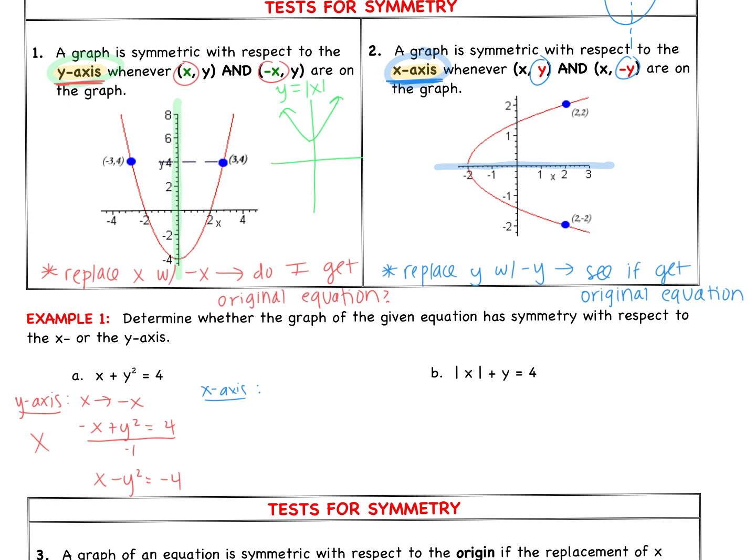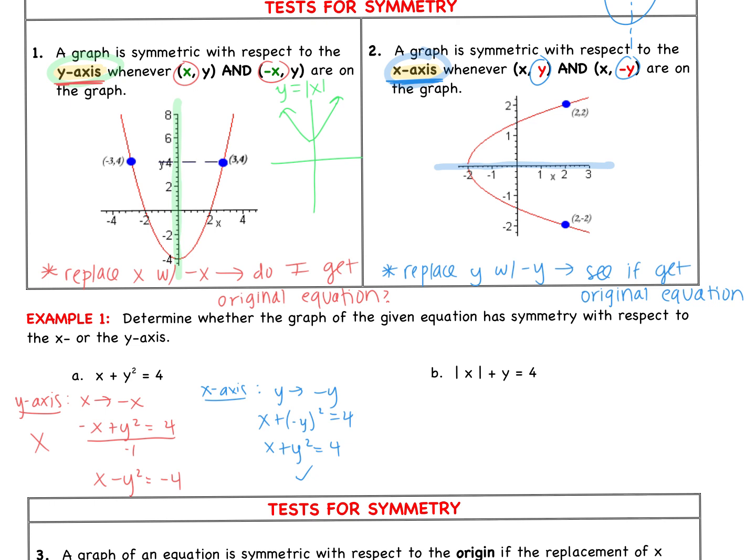If we do the x-axis, we're going to replace y with negative y. Be careful here. You're taking y and squaring it, which means we want to take negative y and square it. If we take a negative number and square it, does that negative stick around? No. So this can be rewritten as x plus y squared equals 4. That's our original equation.